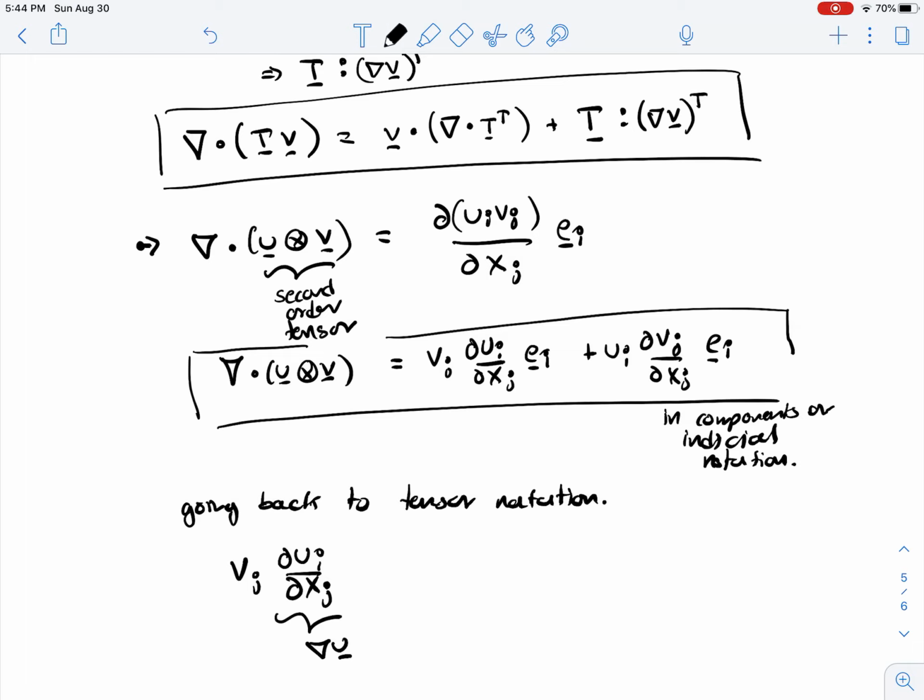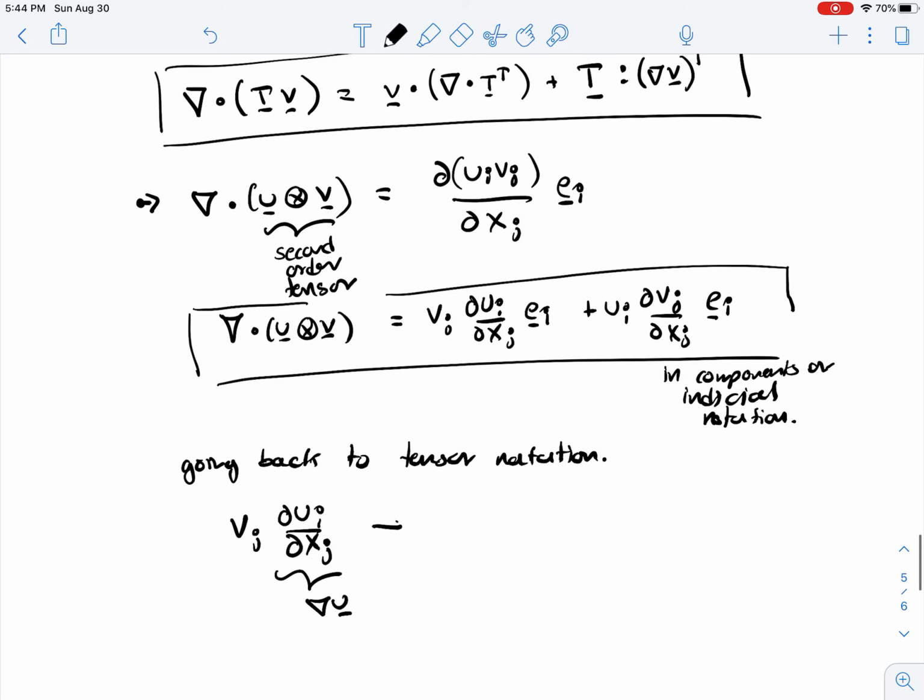Well, this one should make you think of the gradient of U. Actually, it's exactly the gradient of U. And let me arrange it differently, because these are numbers, there's nothing against me arranging them in this order.